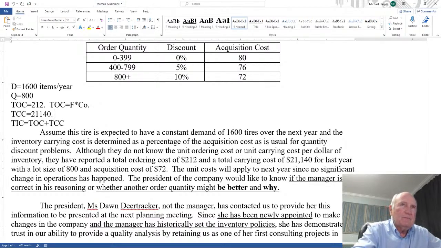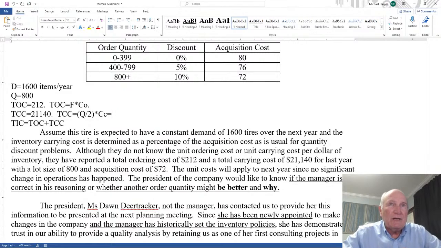Yes, we can. But also the total carrying cost equals the average inventory Q over 2 times the carrying cost. But in quantity discounts, that's going to equal Q over 2 times I times C. Can we populate that? Yes, we can.